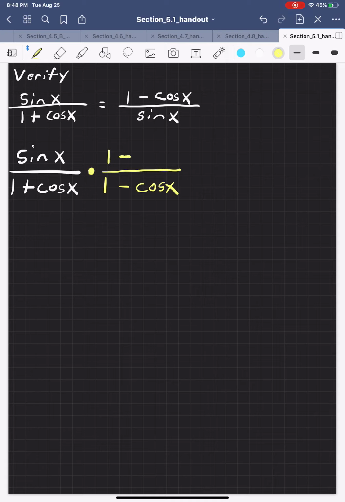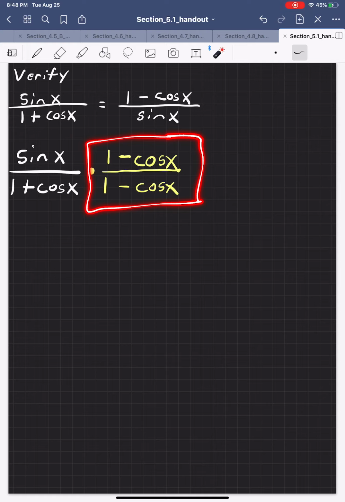If I multiply the denominator by 1 minus cosine of x, I have to also multiply the numerator by 1 minus cosine of x. This might look complicated, but don't you agree that 1 minus cosine over 1 minus cosine is just 1? So this is just a fancy way of writing times 1.